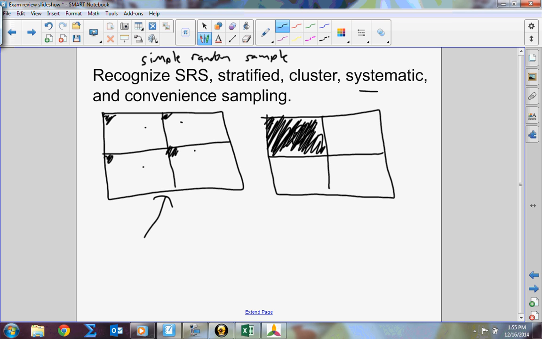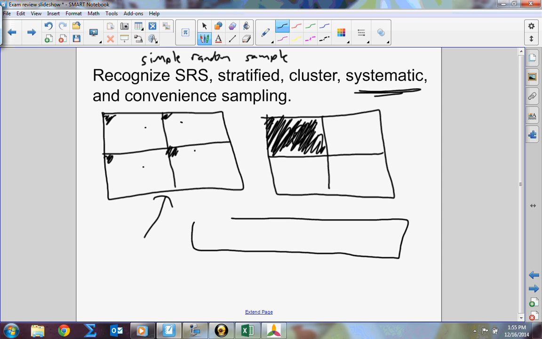All right, systematic sampling. Remember, you'll want to randomly select a place to start. So maybe I randomly select here and then select every however many one. So I'll say every third one. So then that would be 1, 2, 3, sample him, 1, 2, 3, sample him, and so forth and so on.